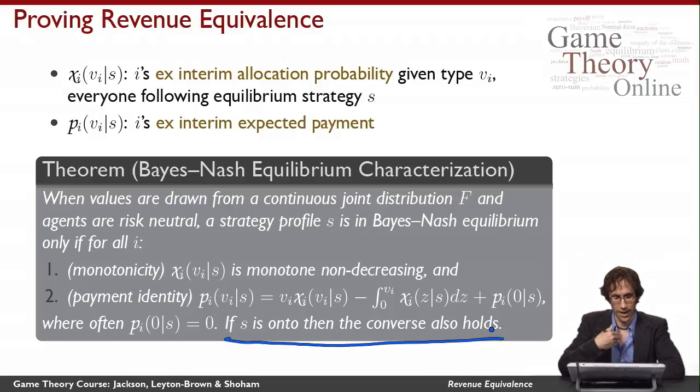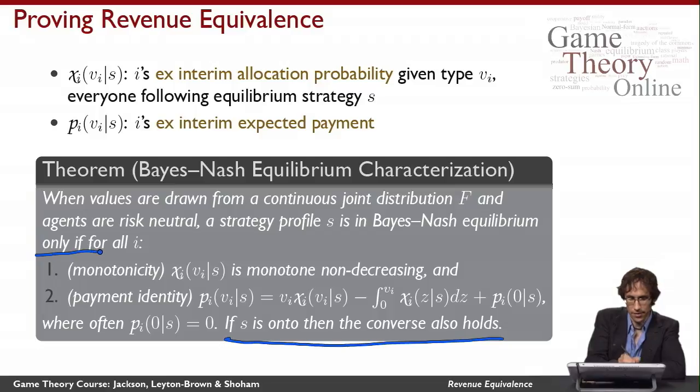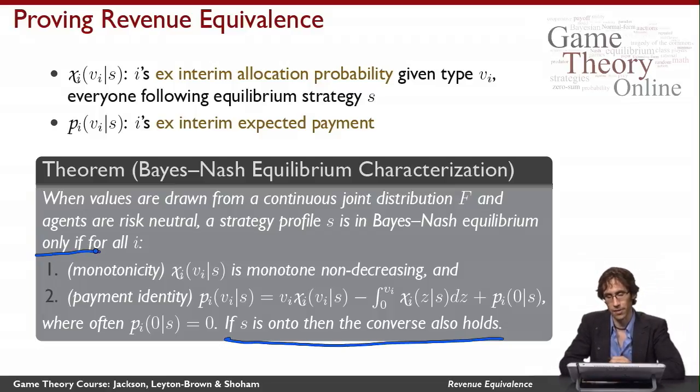The final part of the theorem that is also really interesting is this last statement here. So it says, if S is onto, then the converse holds. What does that mean? Well, here we've said that a strategy profile S is in Bayes-Nash equilibrium only if these two conditions hold. Here we're saying if we add the requirement that S is onto, which I'll explain in a second, then it's also sufficient. Then these two conditions imply Bayes-Nash equilibrium.